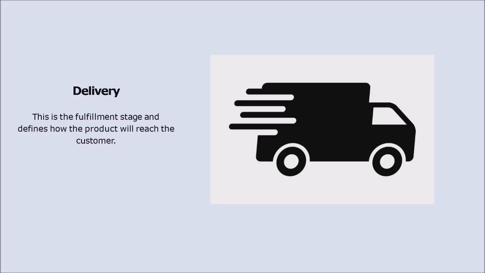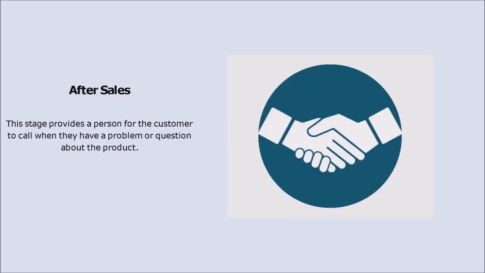Some examples of this phase include delivery systems of electronic information products, postage, mail, FedEx, USPS, and also email service providers. After sales, this stage provides a person for the customer to call when they have a problem or question about the product. So in short, this is the customer service of your product.